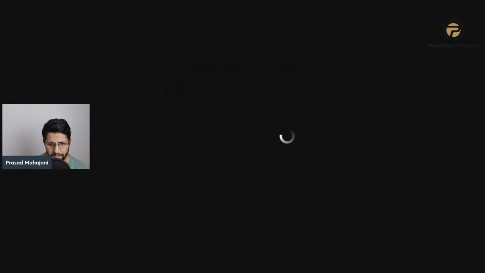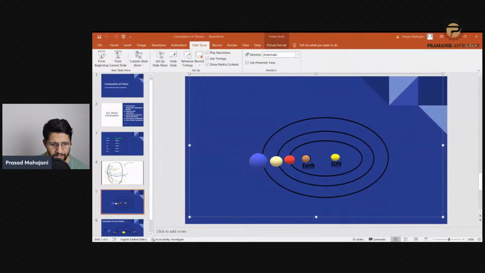So combustion of the planet is, you will see, by the way, these are the outer planets' combustion. There are two ways the combustion works: the inner planets and the outer planets. When inner planets get combust, there is a different formation, and when outer planets get combust, there is a different formation.